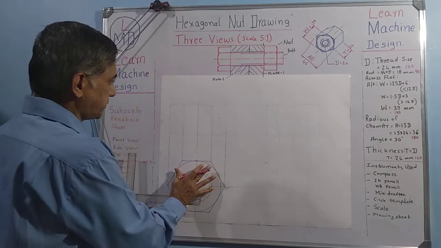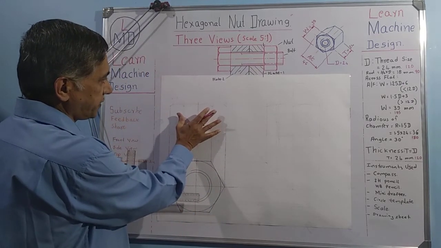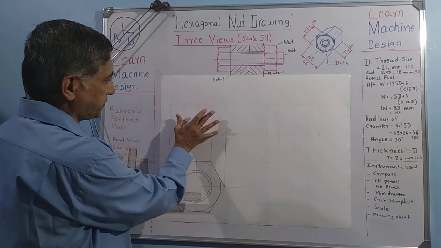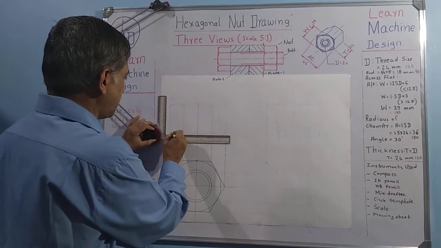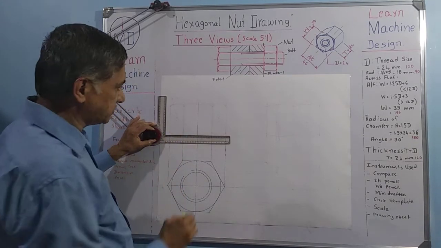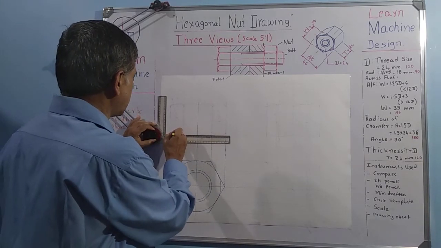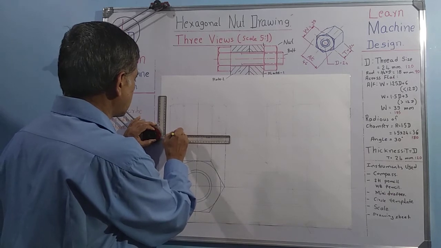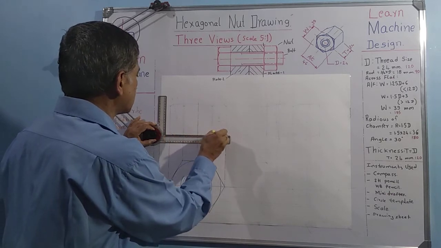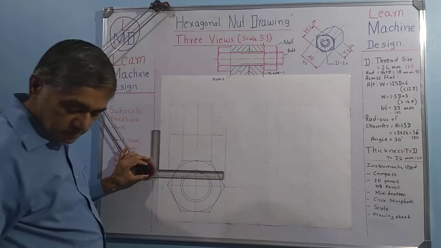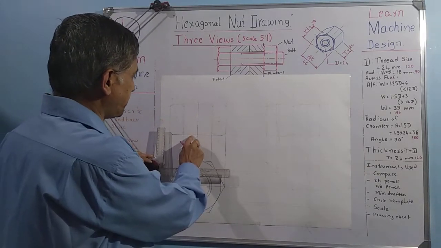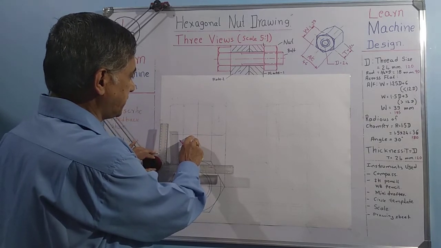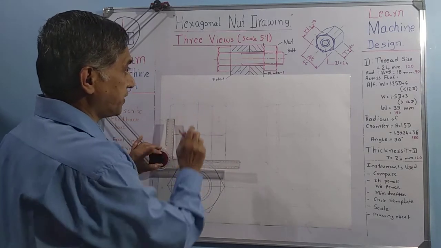Now, we know the area required to draw this, and we have to draw one line here, like this. Okay, this is the bottom line of the nut, and we have to draw the top line of the nut.